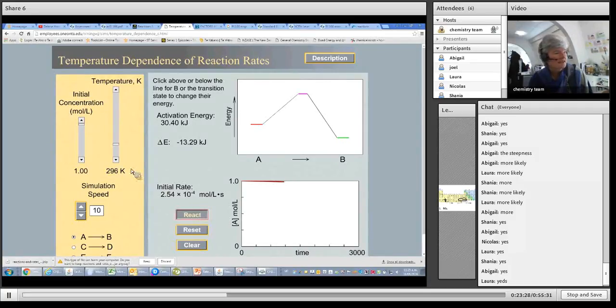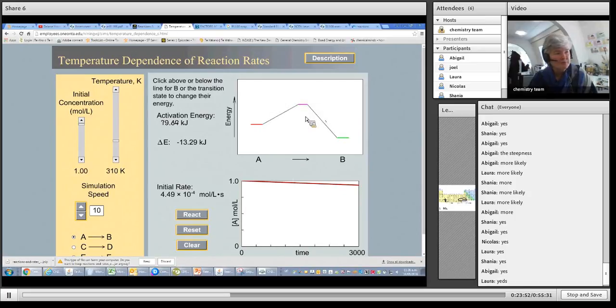Okay, I could reset it and move the temperature up a bit to get some reaction happening. Clear. So can you see there is slowly my A, as they collide, some of it is slowly going to happen. So that's like my tall mountain. It needs lots of energy to get over.